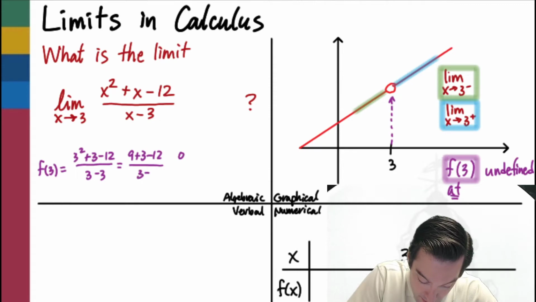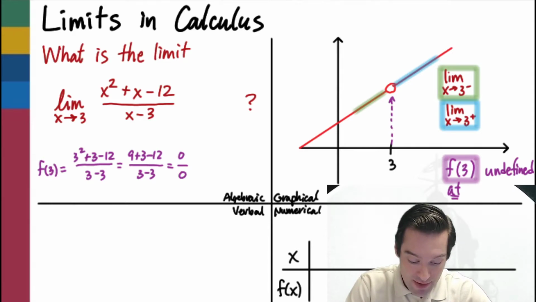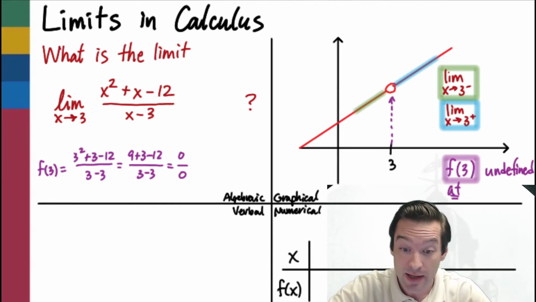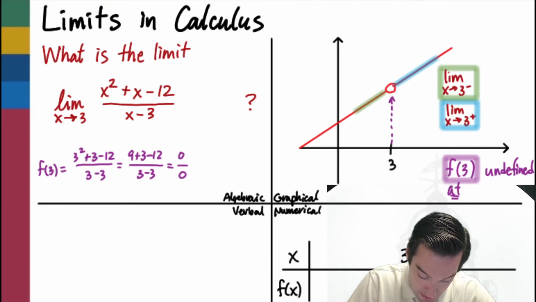And meanwhile, downstairs, 3 minus 3, that's also 0. But that's a problem, right? Because in any division problem, I cannot divide by 0 and get a number that makes any sense, right? So that 0 in the denominator should be a big red flag. It's a big clue to the fact that something has gone wrong here.